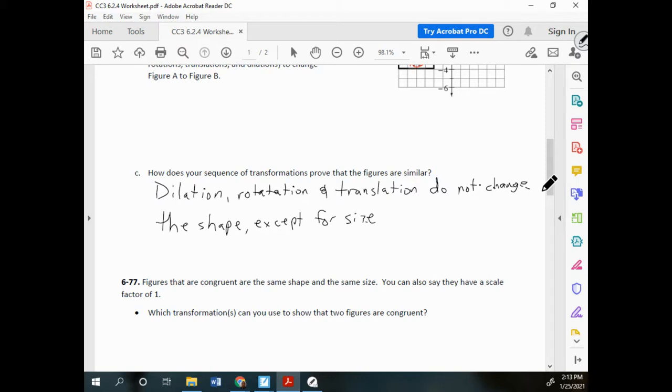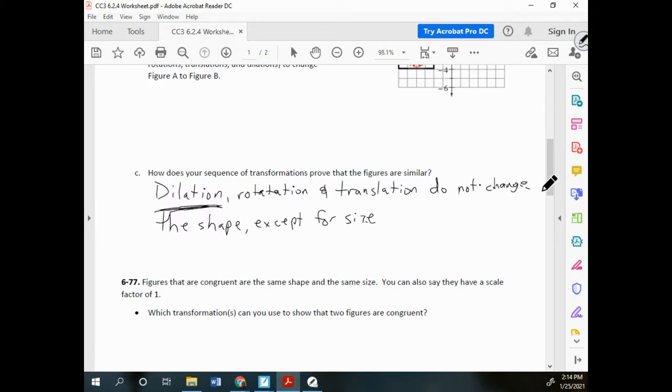So we did dilation, but the rotation and the translation we did are rigid transformations. So the dilation was the only thing that changed the size of the shape, and we used the same scale factor for all the sides. Therefore, if all we do is reflection, rotation, translation, that doesn't change the size, and then we multiply everything by the same number, it makes sure the shapes are similar. Okay? Hopefully that makes sense.